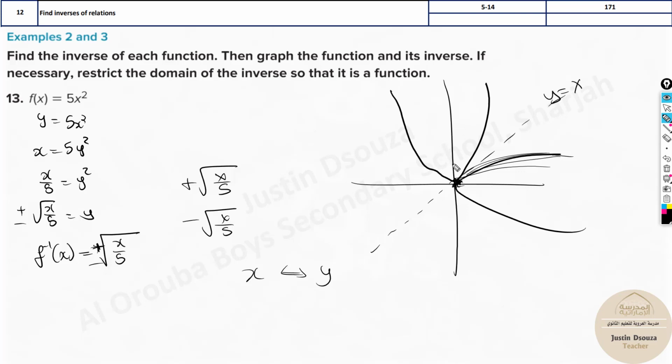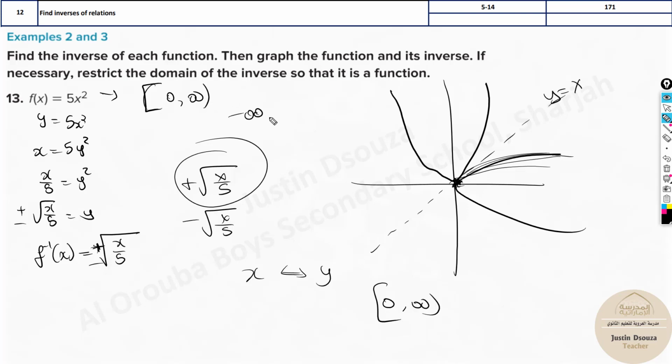So you must always consider when this domain is restricted to the big bracket, 0 comma infinity, then we will get this positive answer. Why? Because what is the range over here? This domain of 0 comma infinity, then the range of this will be 0 comma infinity itself, right? So these both are related. But if you restrict it from minus infinity comma 0, then what happens?